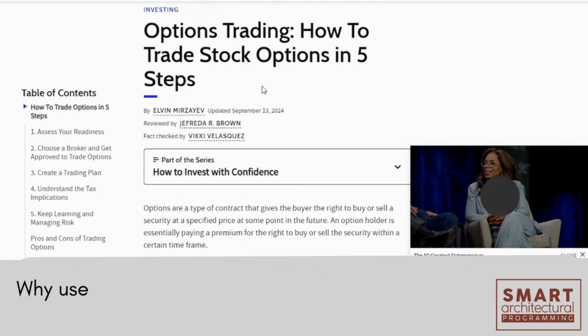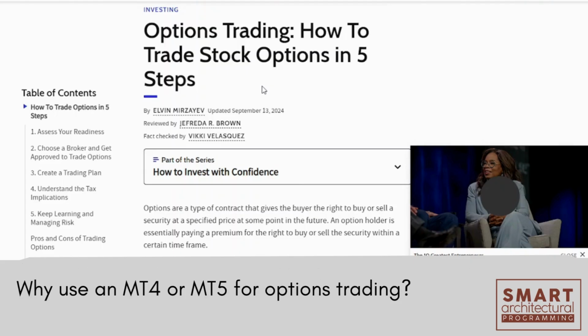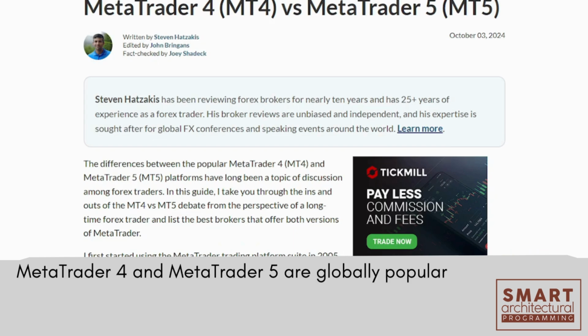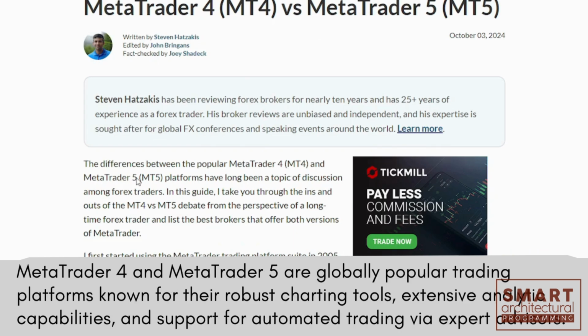So that leads us to our question as to why use an MT4 or MT5 for options trading, right? Why do we need to use an MT4 or MT5 advisor for options trading? MetaTrader 4 and MetaTrader 5 are globally popular trading platforms known for their robust charting tools, extensive analytical capabilities, and support for automated trading via expert advisors.